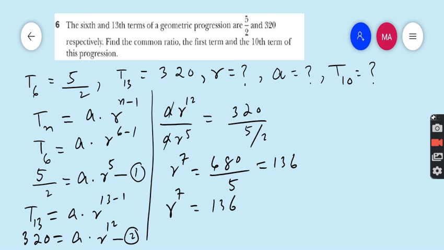So how is it possible? Kindly wait, first I will solve it myself.